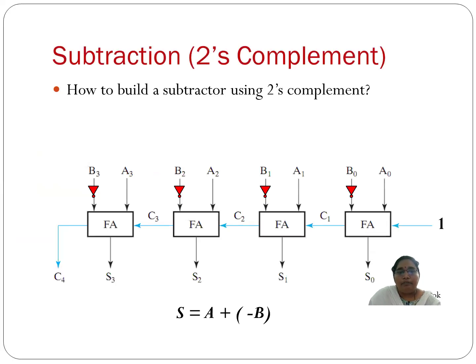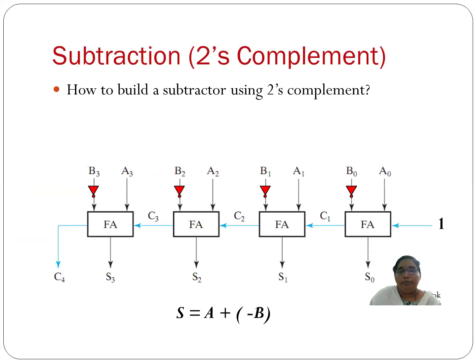So this A will be given as it is, just like in the previous case. Normally, all the bits of the first input A, A0, A1, A2, A3, are given to the corresponding full adders. Now the second number, that is B, will be represented as minus B, that is 2's complement of B. 2's complement is nothing but 1's complement plus 1.